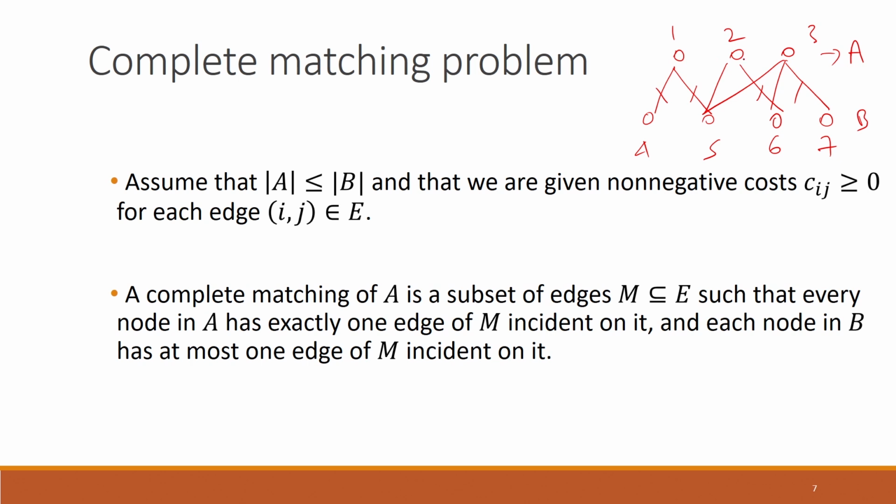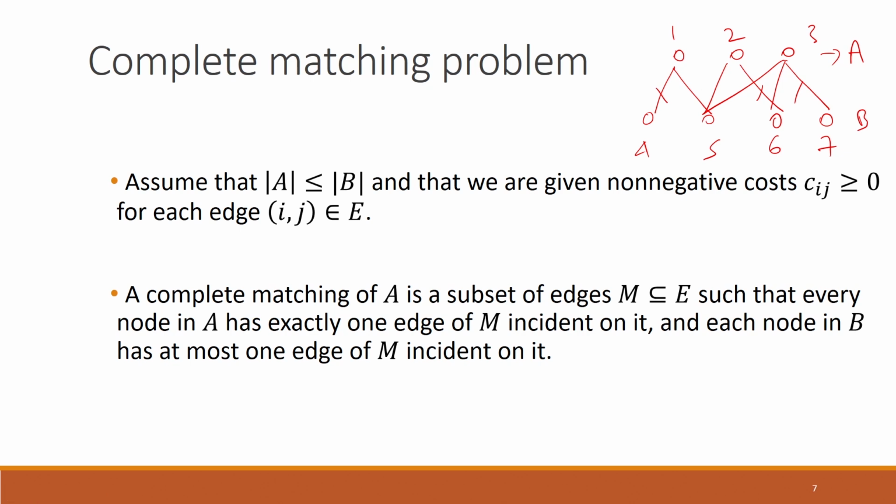For nodes 2 and 3 there is exactly one edge incident on them, but for node 1 there are 2 edges incident to it, 1 4 and 1 5, and therefore this does not satisfy the definition of complete matching. So, we cannot have the edges 1 4 and 1 5 together. Let us remove the edge 1 5.